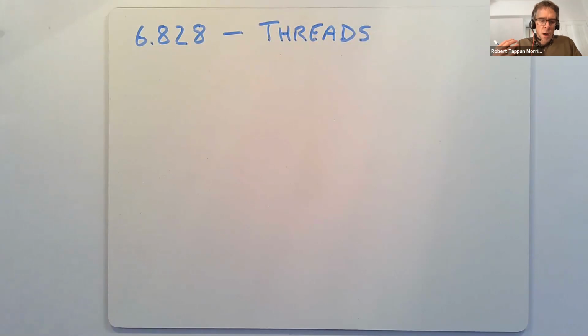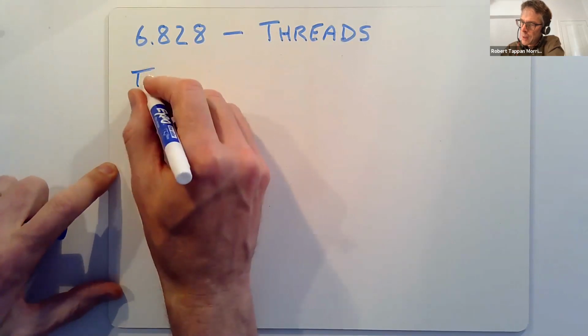So what threads are is an abstraction to simplify programming when you want to juggle many tasks. You can think of a thread as just being a single serial execution. If you just write a program that does one thing after another and you run that program, you can view the program as a sort of single thread of control.